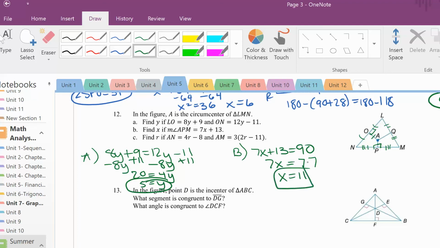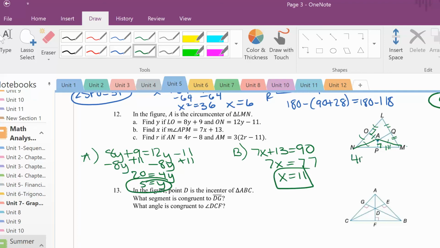And then for C, it says find r if AN is 4r minus 8, and AM is 3 times 2r minus 11. AN is going to be right here. Remember, it's equidistant from the vertices, so that means these two are congruent.